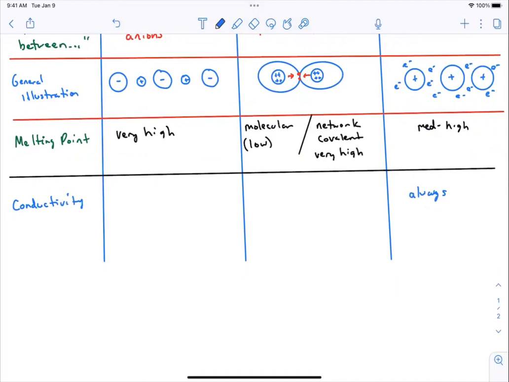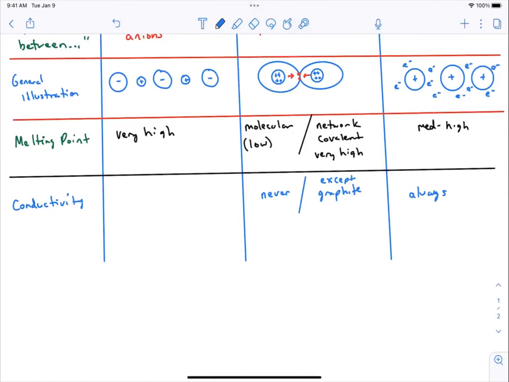Covalent compounds are never conductive, except for graphite, which is a network covalent. That's one of the rare situations, but molecular compounds are generally not conductive.